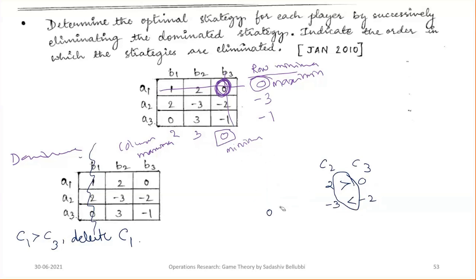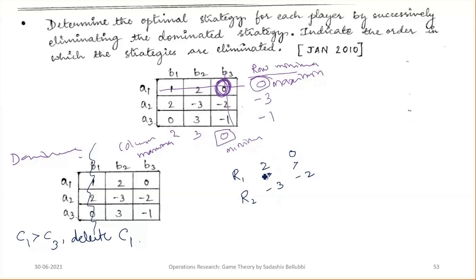Now we are supposed to go for the row wise. Okay, compare the first row and second row. Already the first column is deleted, so we need not take those values. The first row has 2 and 0 and the second row has minus 3 and minus 2. Here 2 is greater than minus 3, whereas 0 is greater than minus 2.